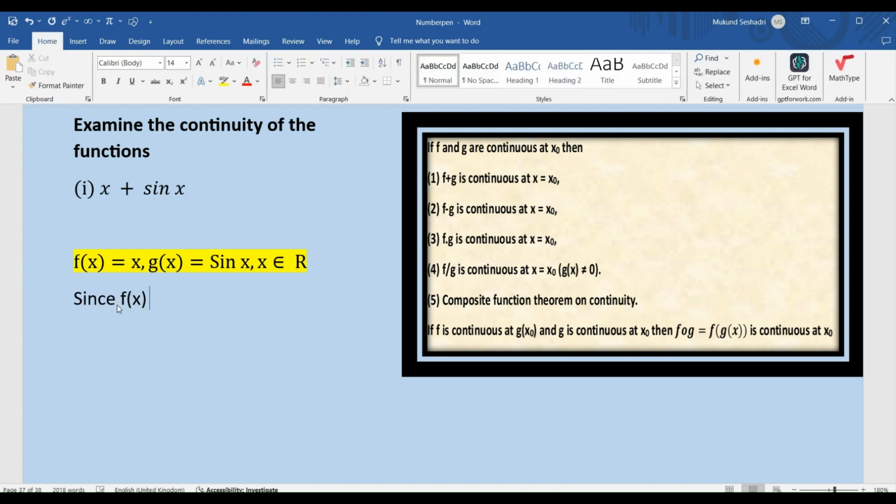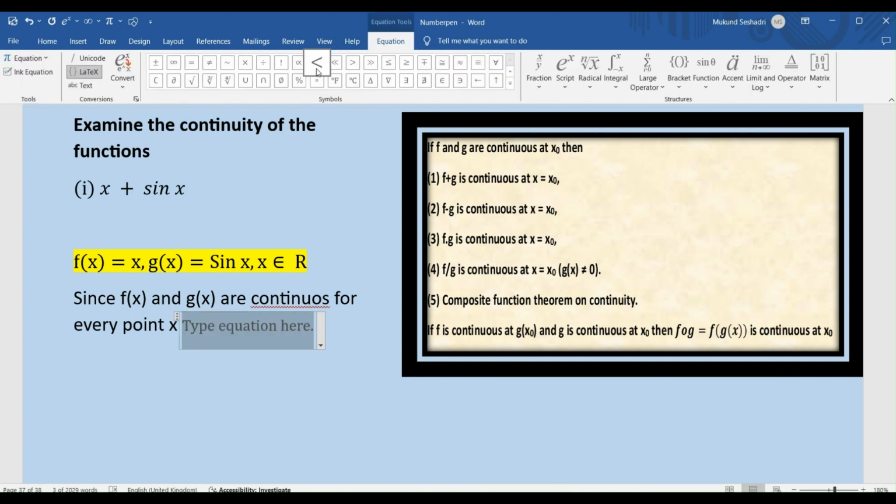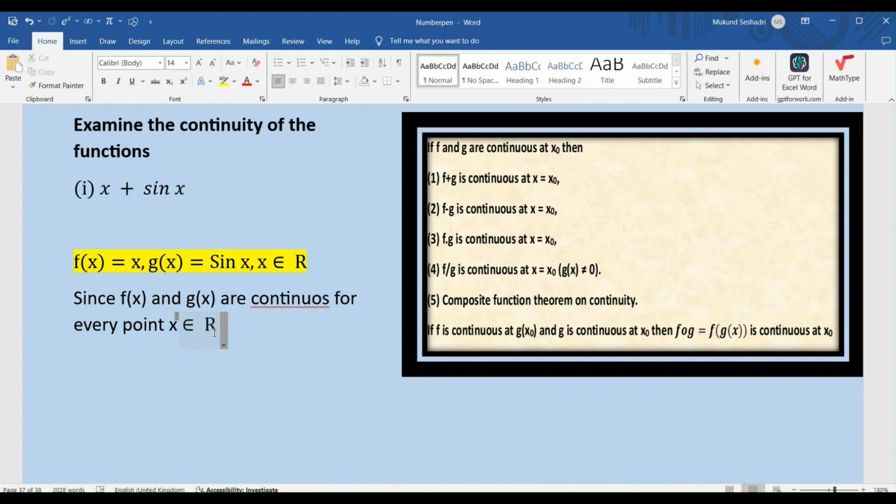Since f of x and g of x are continuous for every point x belonging to R, we can comfortably conclude that x plus sine x, and if I call this function, say, h of x, right?